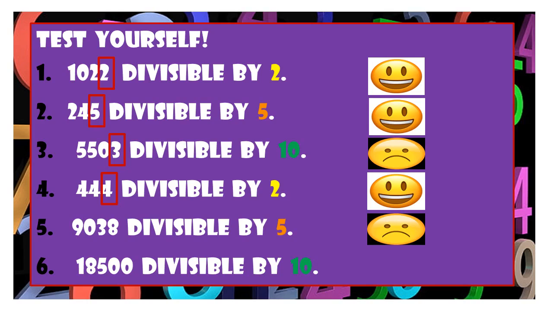No, it is not divisible by 5 because the last digit of the number is not 5 or 0, which is 8. And lastly, number 6, 18,500 divisible by 10. Is it a smiley face or sad face? Smiley face, correct. Because the last digit is 0.